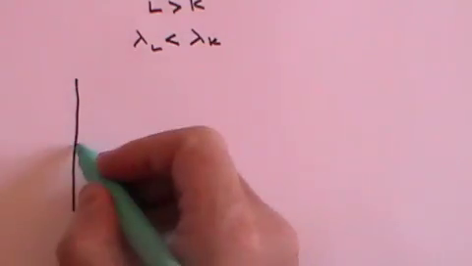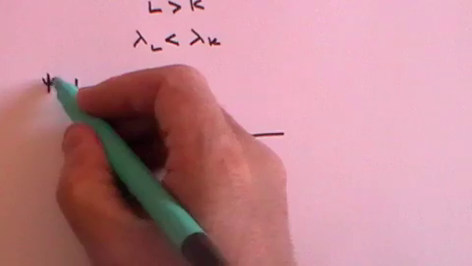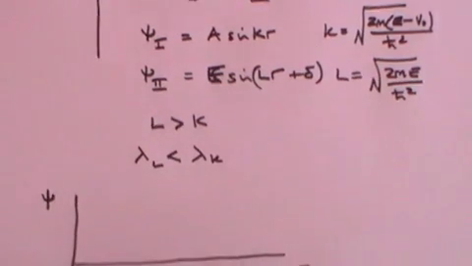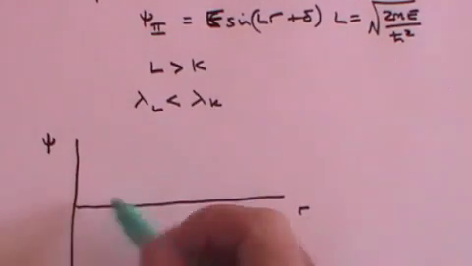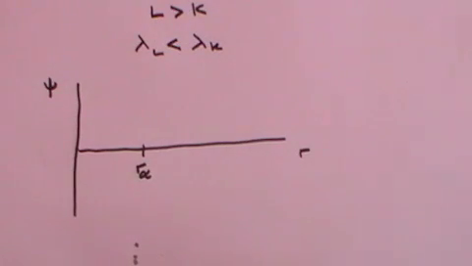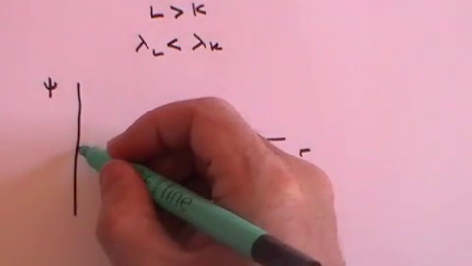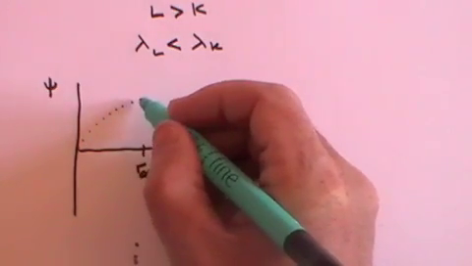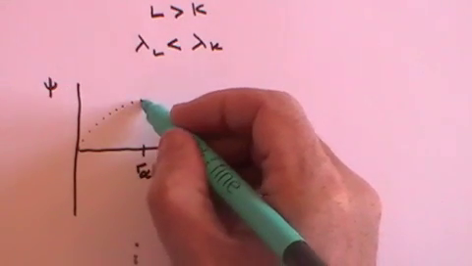So let's do what we did before and plot the wave function. There's the wave function against separation. And once again, I'm going to plot just the sine LR, not the delta, just the sine LR wave. Here I'm going to put R alpha. So that's the point at which the wave finishes. And on this occasion, I'm going to put dots like that up to the point where the LR wave starts.